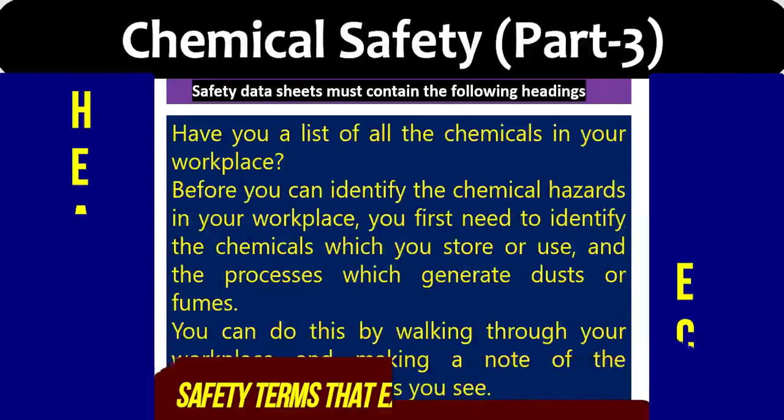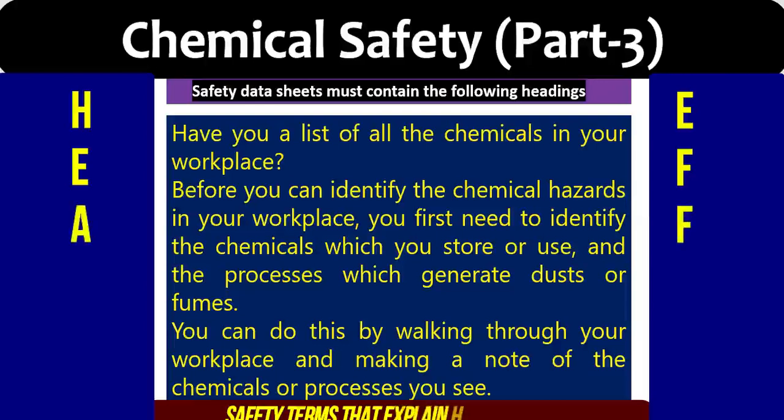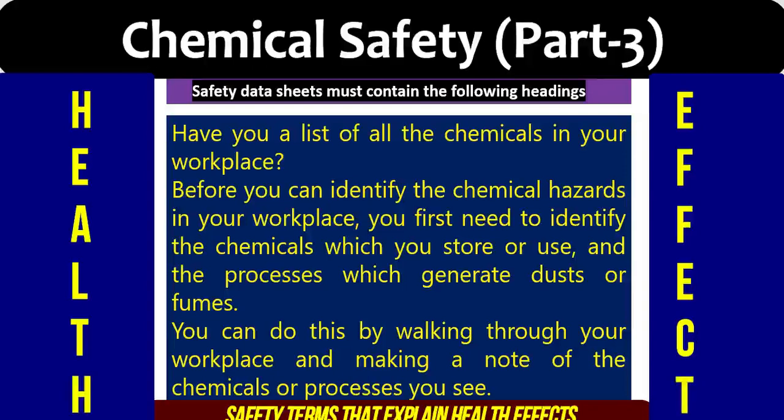After discussing chemicals and properties of chemicals and from where you can get the information, now make an analysis. Do you have a list of all the chemicals in your workplace? Before you can identify the chemical hazards in your workplace, you first need to identify the chemicals which you store or use and the processes which generate dust or fumes.